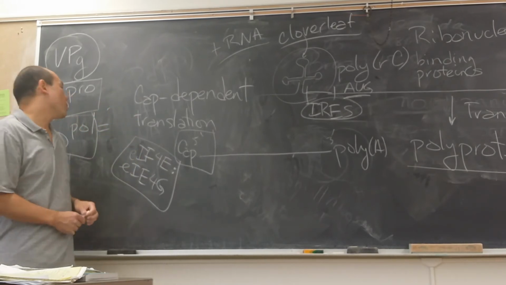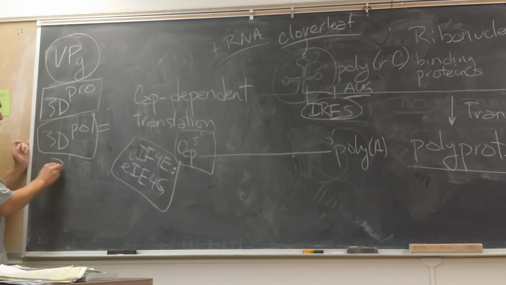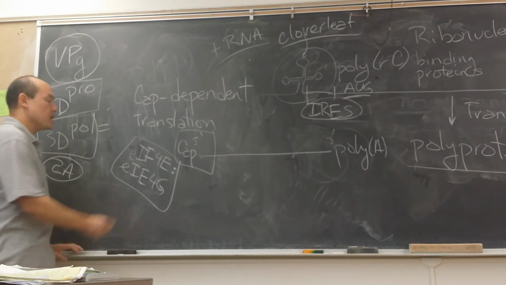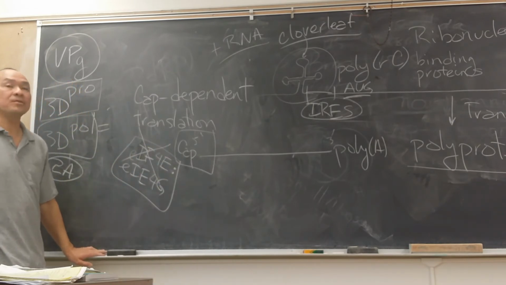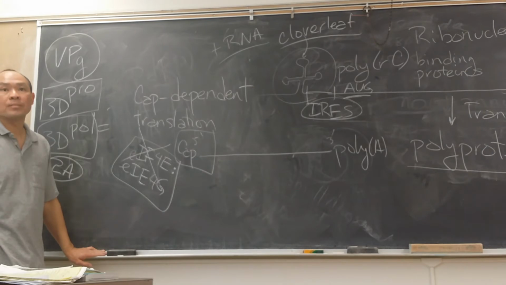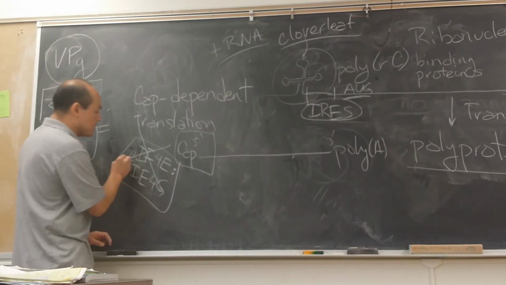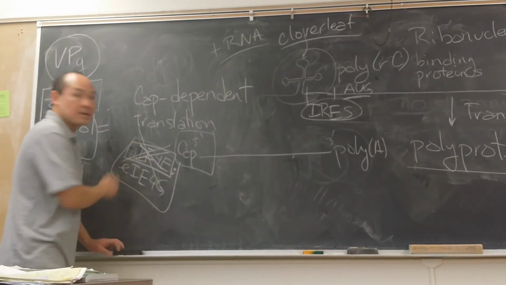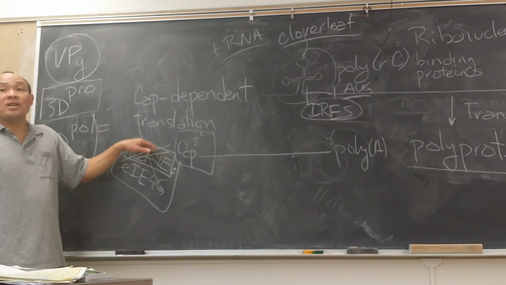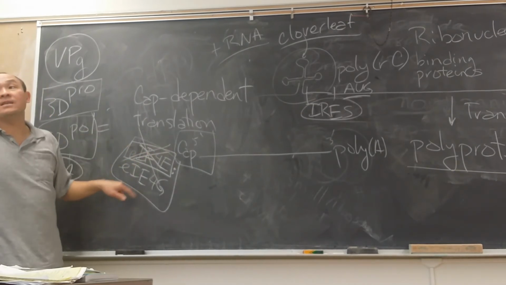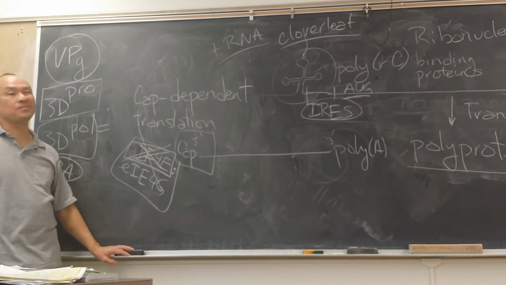Okay? And so what the viral protease 2A does is that it prevents this dimer from forming. It mainly digests the EIF4E and leaves the EIF4G alone.